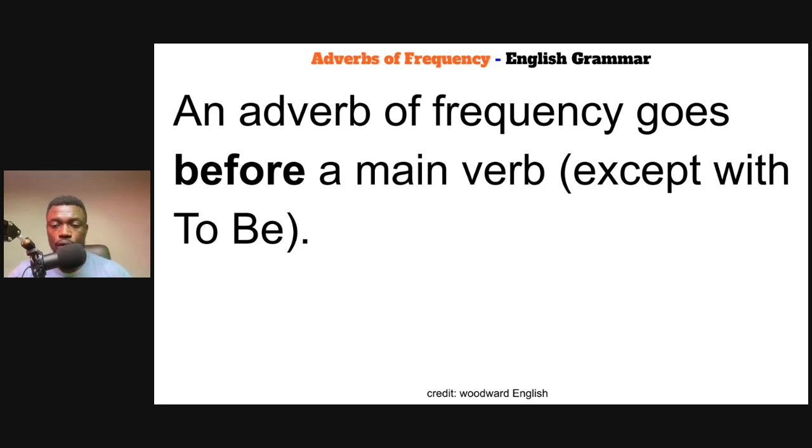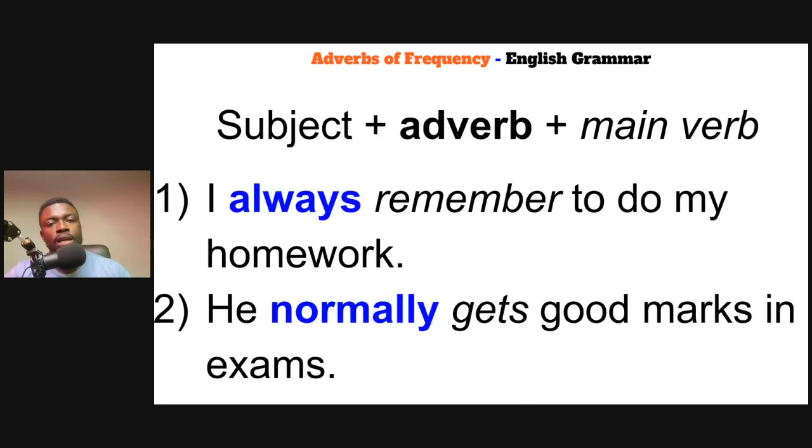Il y a une exception: le verbe to be. So, subject plus adverb plus the main verb. I always remember to do my homework. Vous mettez l'adverbe devant le verbe principal, remember.